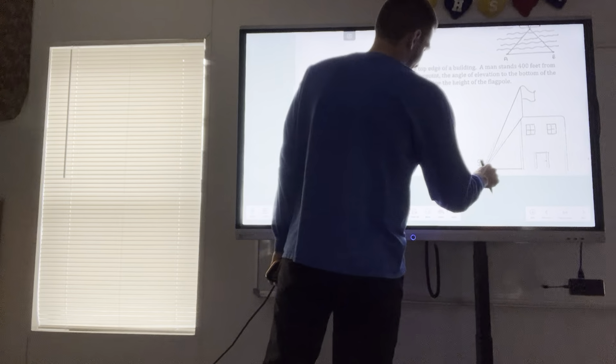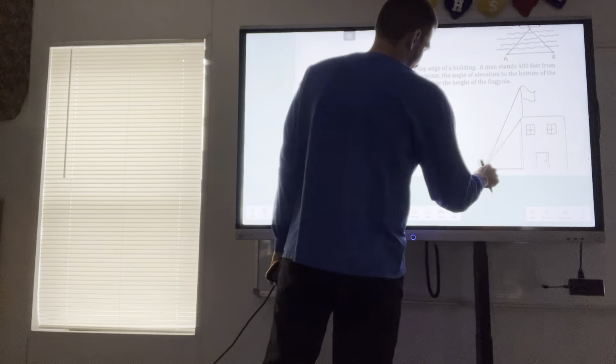So what is the tiny little angle right here? 62.5... 2.5. So, we've got this kind of shape, right? This one is 60, and this one is 62.5.